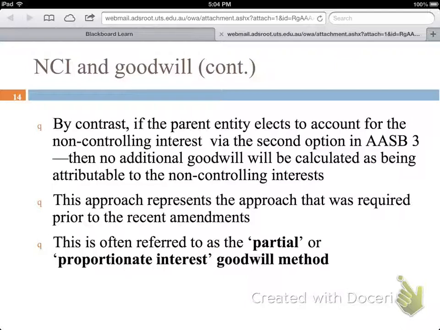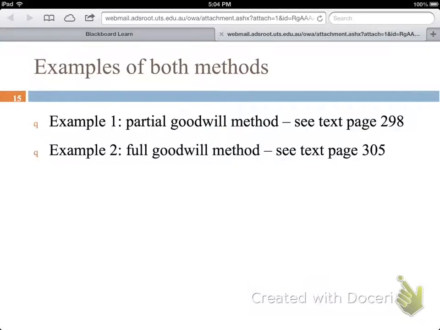So what's the main difference between the two? Well, under the fair value method, the fair value is given. Under the proportionate method, you actually have to calculate the non-controlling interest. The second difference is, under the fair value method, you have to calculate goodwill for the non-controlling interest, whereas under the proportionate method, you do not have to calculate goodwill attributable to the non-controlling interest.